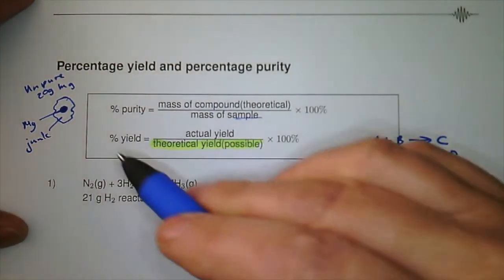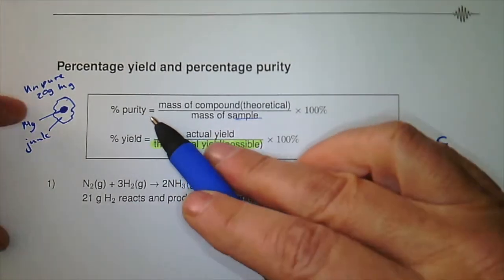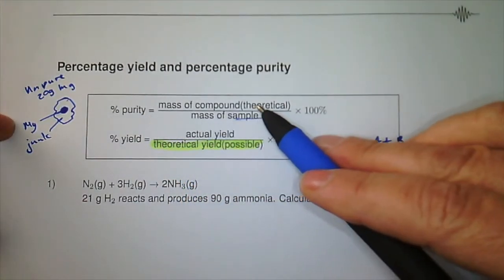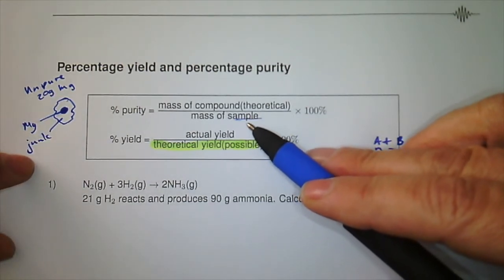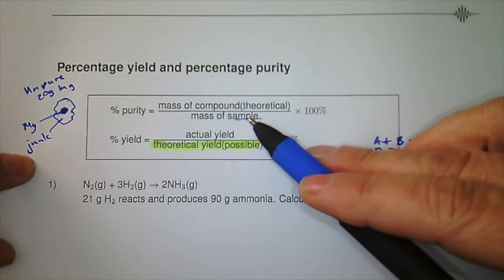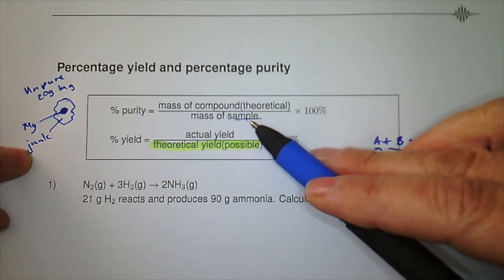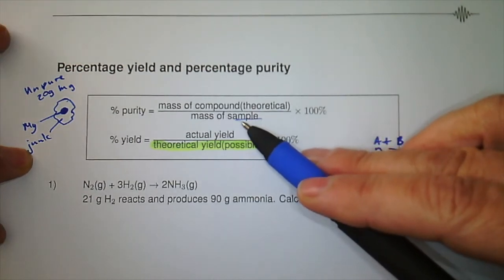So you now want to know what is the percentage purity. So you have to know what is the real magnesium in the whole thing and what is possible. The whole sample is possible, right? The whole sample could have been pure. So that's why that one is at the bottom.